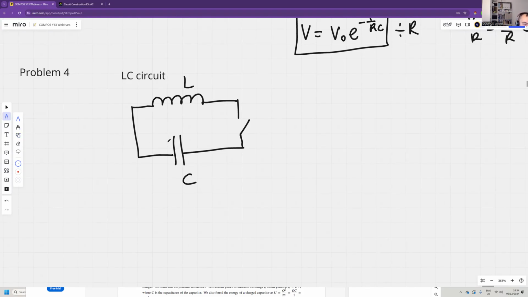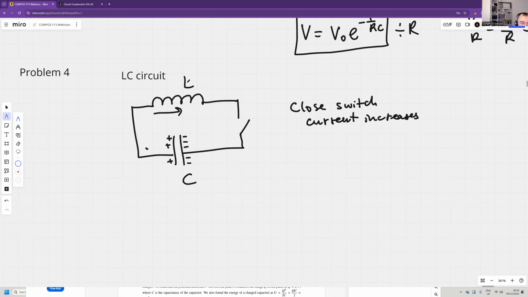Let's say the capacitor is charged. So you have plus, negative, and then you close the switch. Once you close the switch, the current through the induction coil increases.